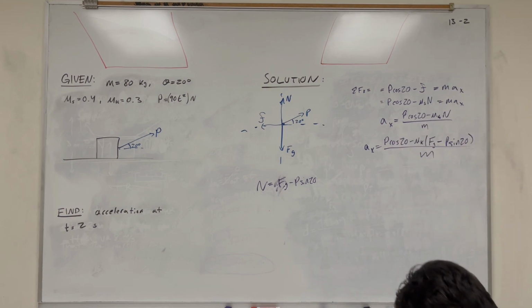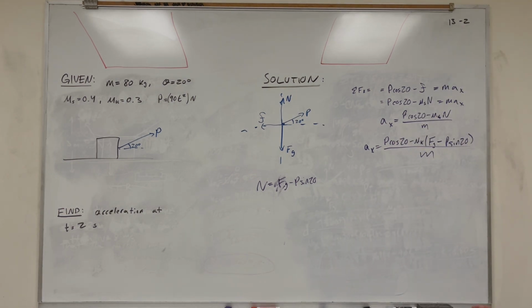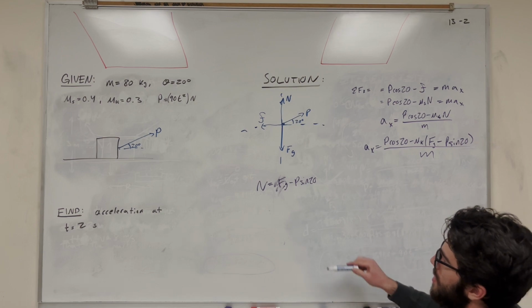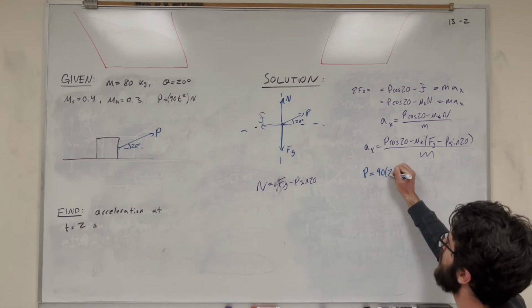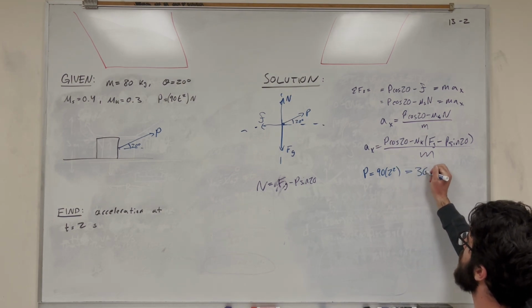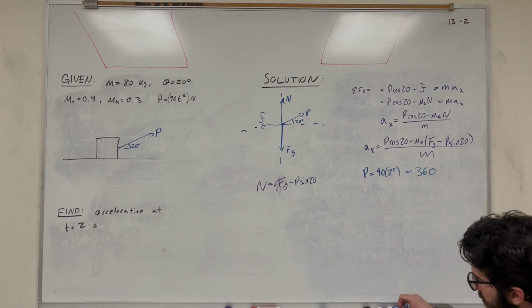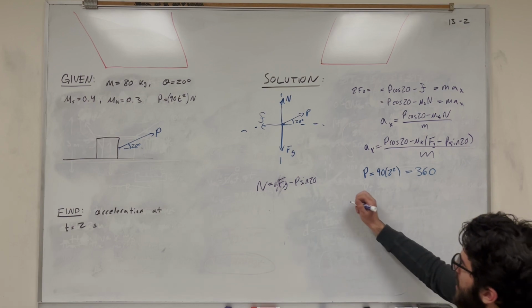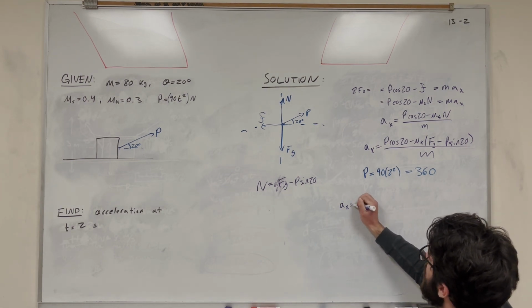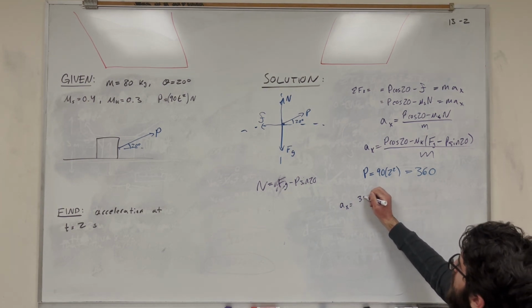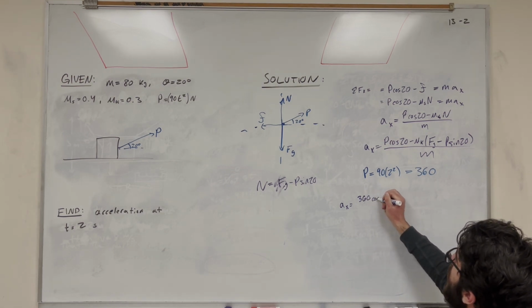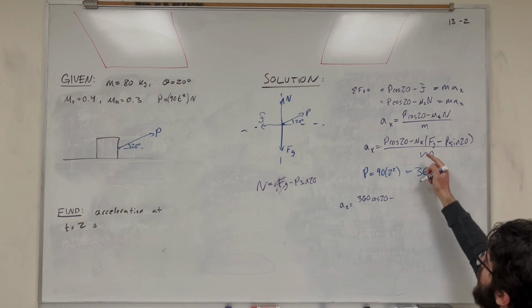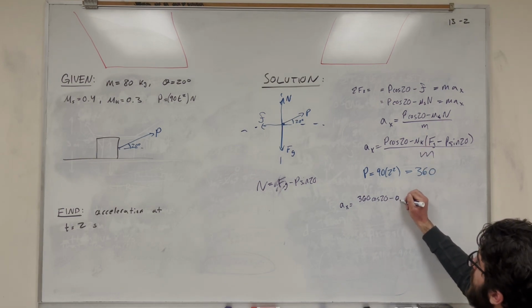Okay, so now we can basically plug in everything we know. First of all, we just need to find what P is at 2 seconds. So to find the force P at 2, we're just going to plug in 2 seconds. So it's going to be 90 times 2 squared, and that's going to be equal to 360. So let's just plug in everything to find that acceleration. So 360 is P, cosine of 20 minus coefficient of kinetic friction, so 0.3.